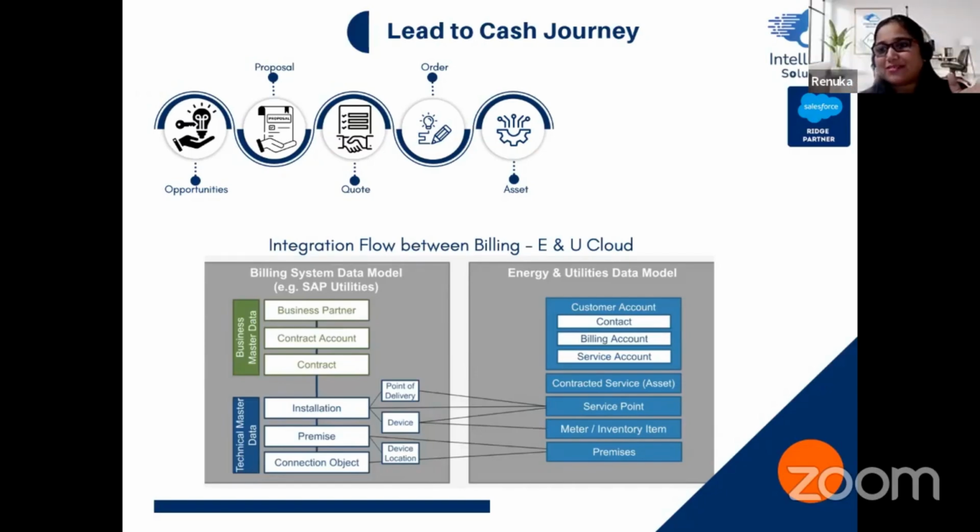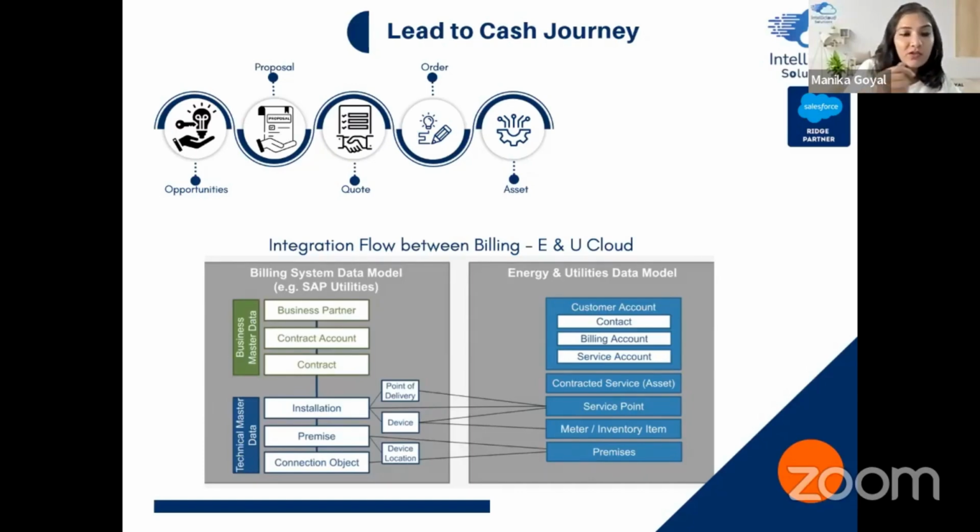With all the industry clouds, the underlying process is the same, but the features are different with respect to different clouds. So the way you deal with it, the underlying data model with some changes helps you get there very easily.